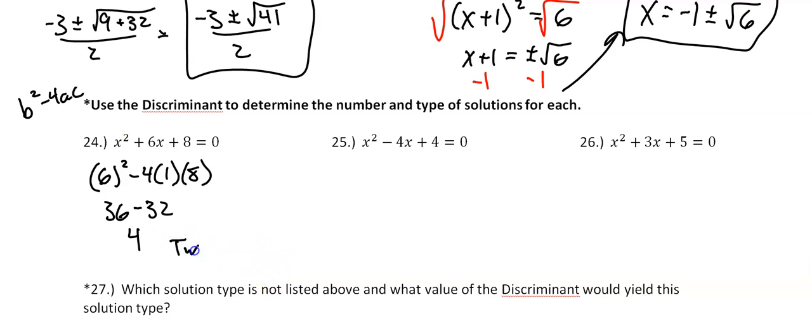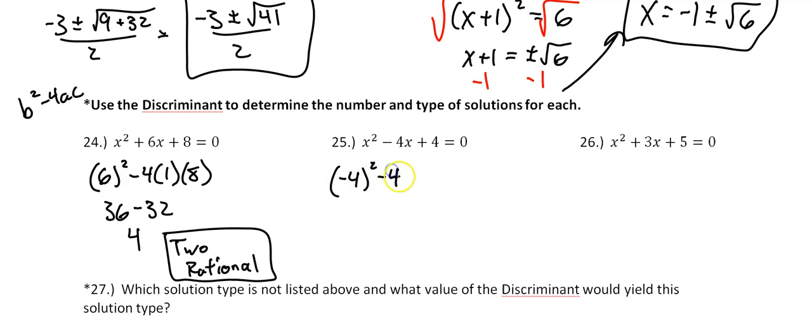So this is 2 rational answers. Here, same kind of thing, b squared minus 4ac. So that's a 16 minus 16, which is 0. If the square root goes away, I'm not adding or subtracting anything, so I get 1 answer, so it's 1 rational.